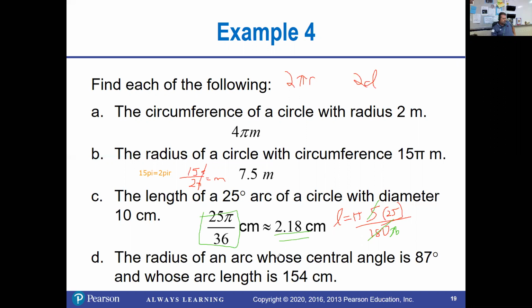All right, the radius of an arc whose central angle is 87 degrees, and whose length of the arc is 154. So now in this case, you're taking the 154, you're setting it equal to pi r, which we're trying to find, theta 87, all over 180.